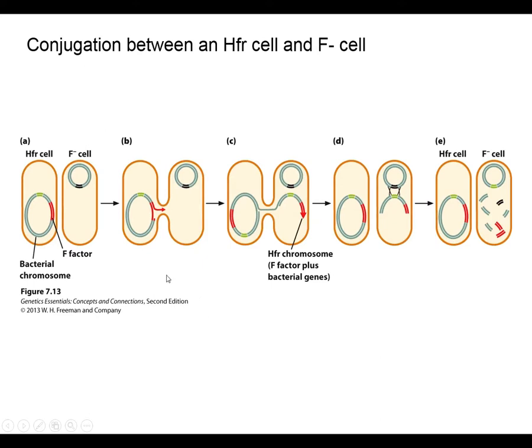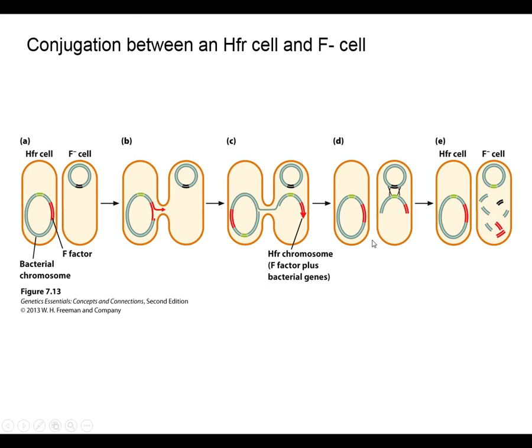And what happens is the F factor will initiate transfer, and it will actually pull along with it some of the donor cell's chromosome. But after usually 20 to 30 minutes, the pilus will break. It just doesn't stay intact for 100 minutes.